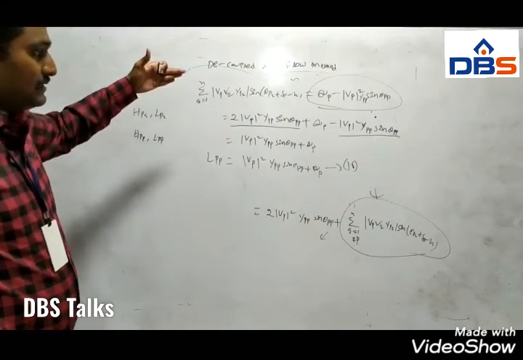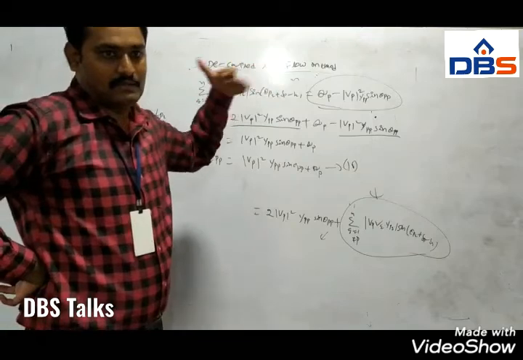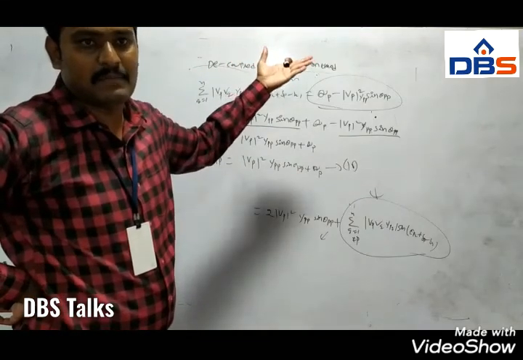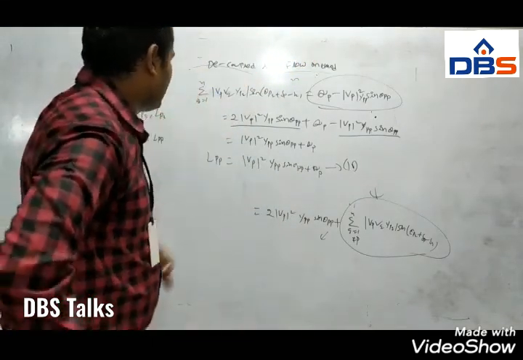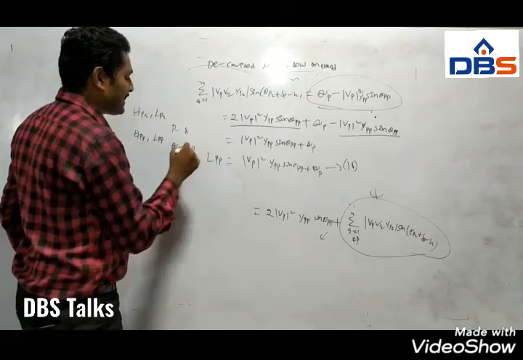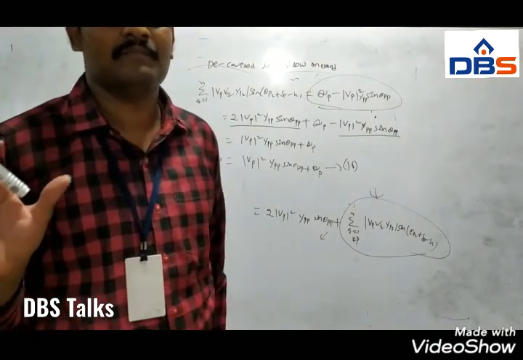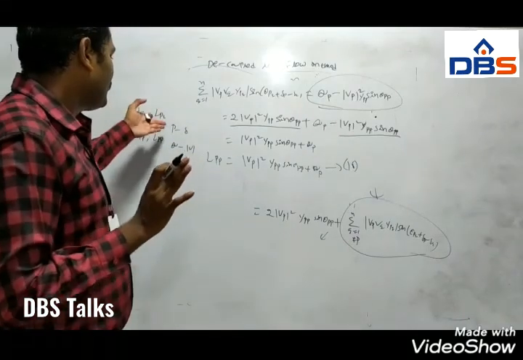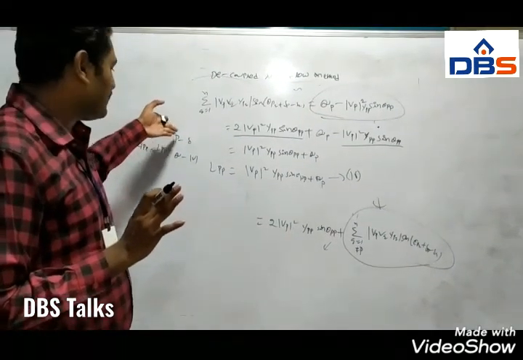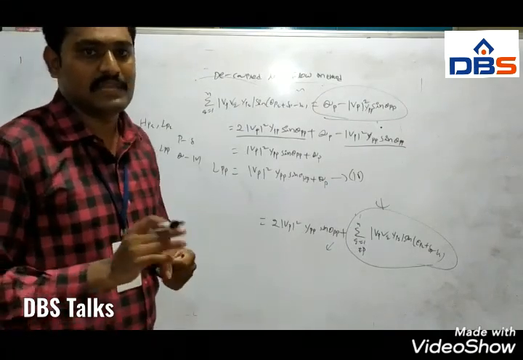The above method is obtained by using the decoupled load flow method, by developing the weak coupling between real power and delta, and at the same time reactive power and voltage magnitude. So by using the decoupled load flow method, we have to strengthen the dependency between real power and phase angle, and reactive power and voltage magnitude. So thank you.